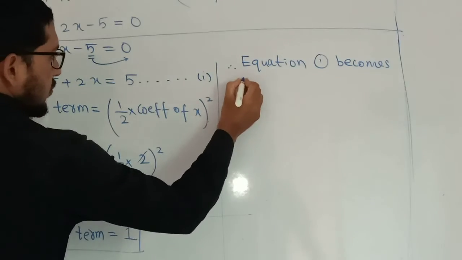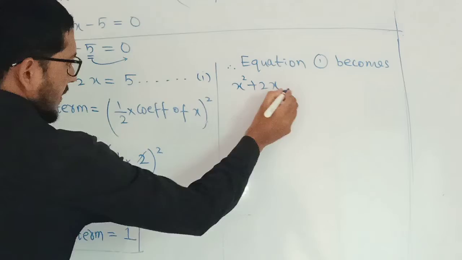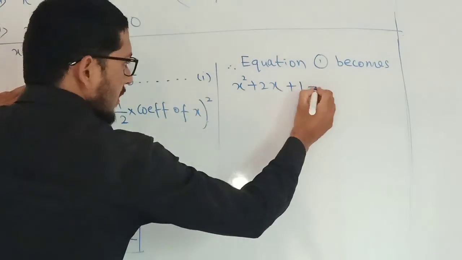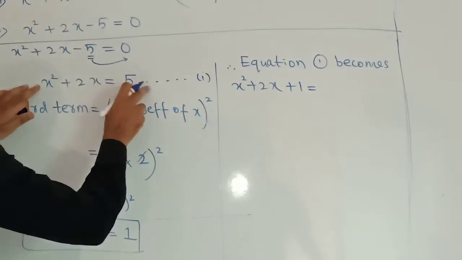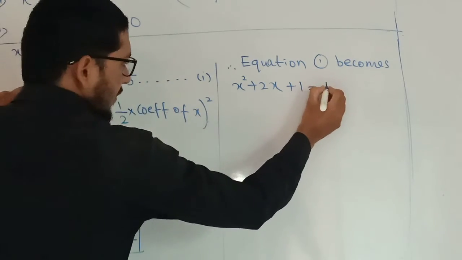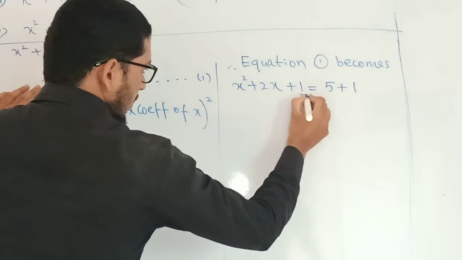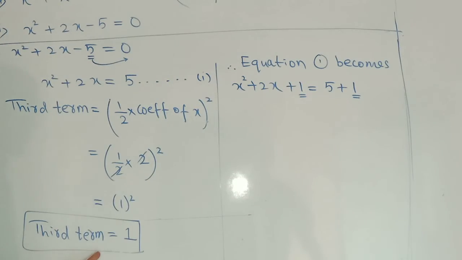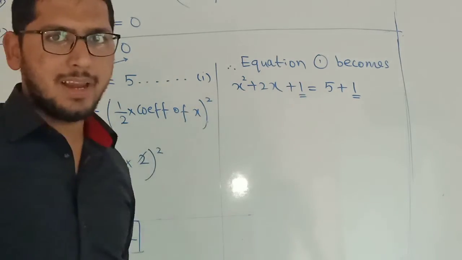So x square plus 2x is the same. This one will add in LHS के लास्ट पार्ट में और RHS के लास्ट पार्ट में. Here RHS is 5 and 5 plus 1. So ये मैंने 1 दोनों तरफ क्या किया, ऐड किया. ये न्यू थर्ड टर्म को हमने दोनों तरफ ऐड किया, बैलेंस कर दिया.